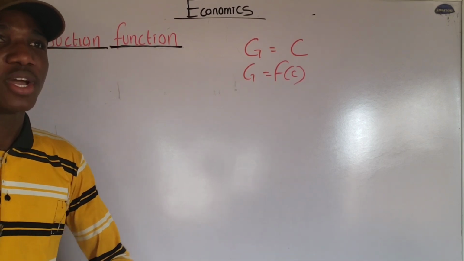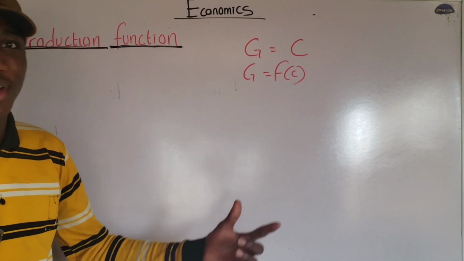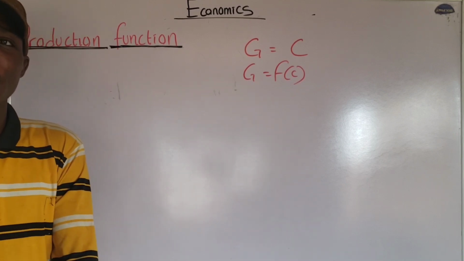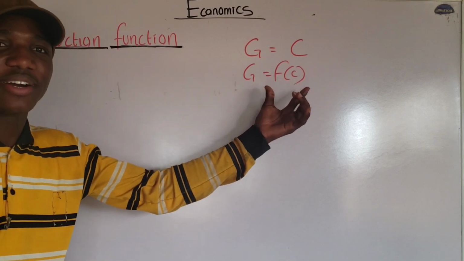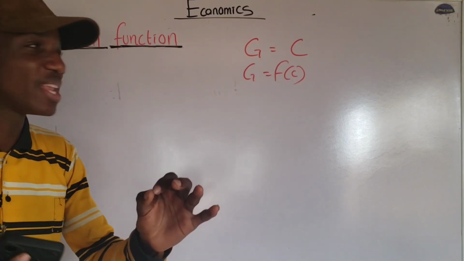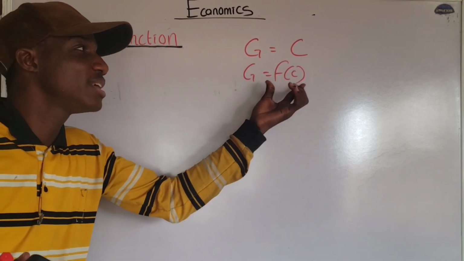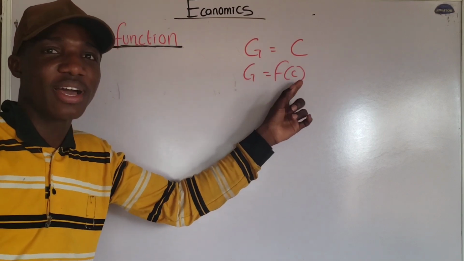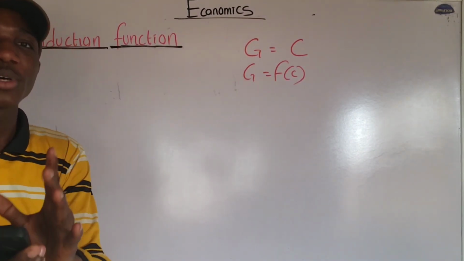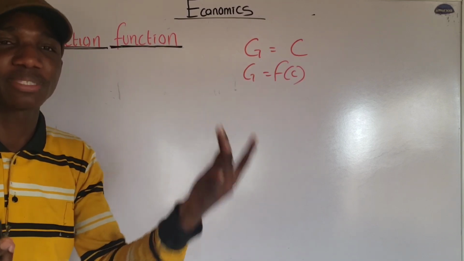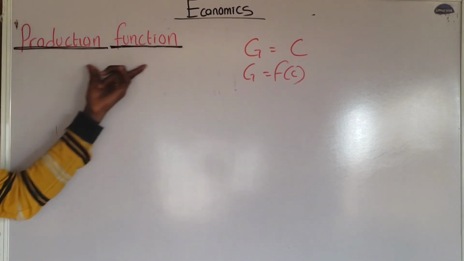For example, you have to process the cassava into gari, and you are going to be making use of some inputs. In an attempt to explain the relationship that exists between those inputs, including cassava, and the gari produced, and to express this mathematically, that is where production function comes in.